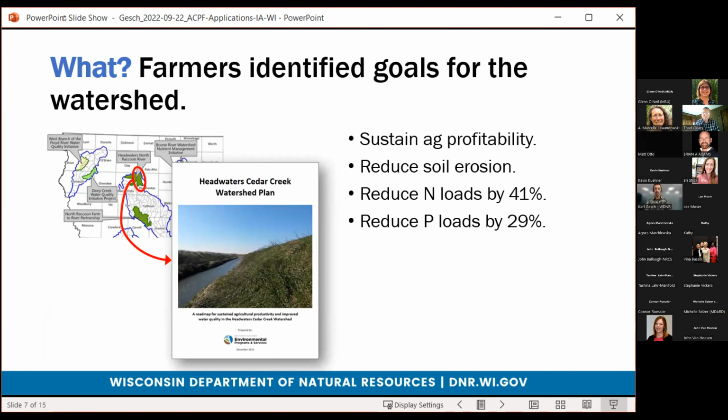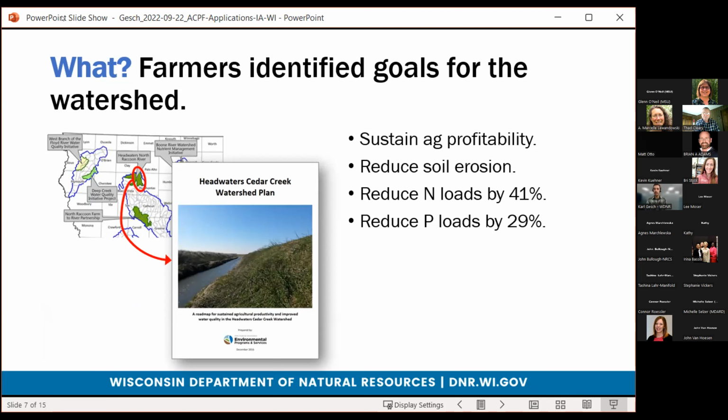First, the what question. In an example from Northwest Iowa, the Headwaters Cedar Creek watershed, a group of farmers got together and participated in a series of watershed planning meetings. Throughout that process, they set their own goals for this small HUC 12 watershed in Northwest Iowa, and those are shown on the screen here.